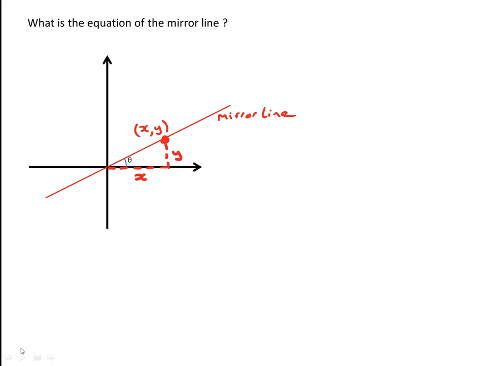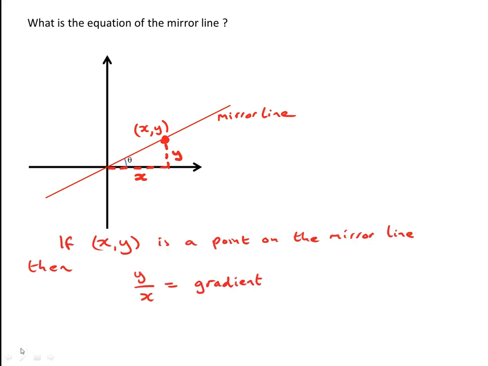We've got the y step is y, the x step is x, so we can certainly say that y divided by x is the gradient of the mirror line. But if we think of it in terms of trigonometry, y divided by x is the opposite divided by the adjacent, so that's going to be tan theta. So the equation of the mirror line must be y equals x tan theta.